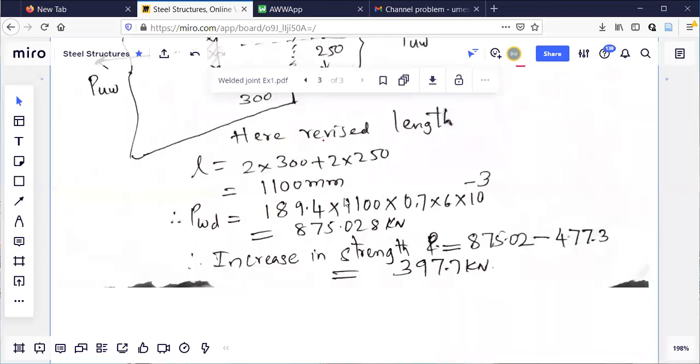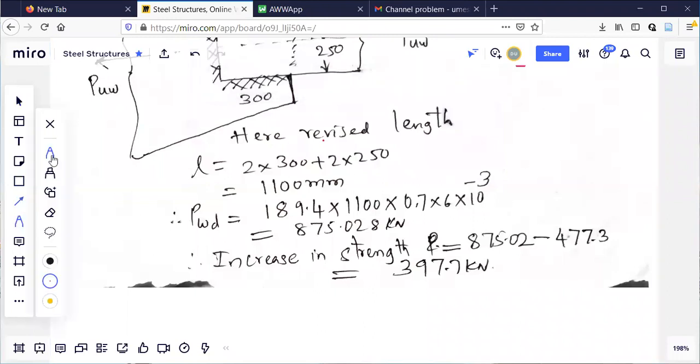Only length is different. Into 0.7. That is 0.7 times the size of the weld. This is S. This is TE. 0.7 into S is TE.